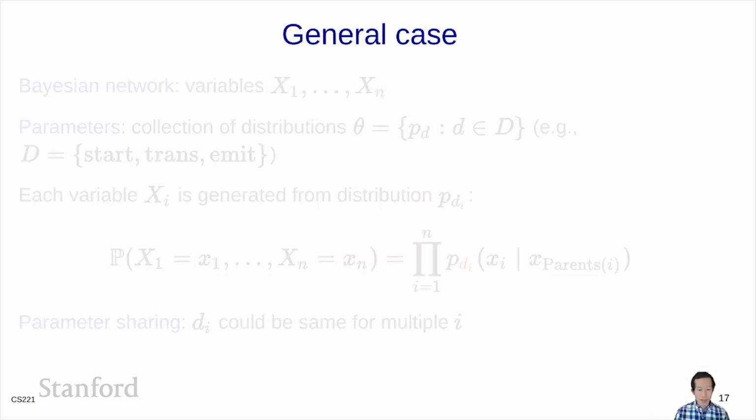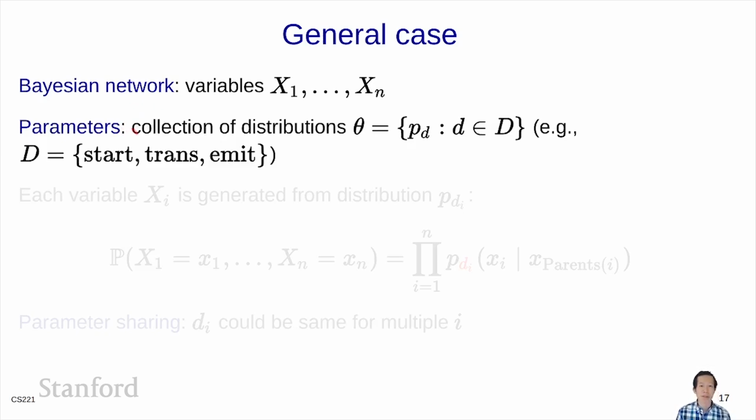So now let's present the general case. Hopefully the intuitions have already been fleshed out, but I just want to write things down with some formal notation. A Bayesian network, remember, includes variables x1 through xn. And now we have parameters. The parameters are a collection of distributions, which I'm going to write as P subscript D, where D indexes into some set.